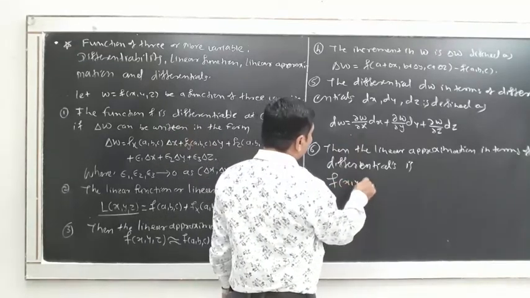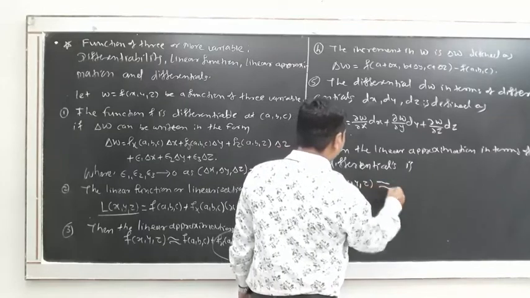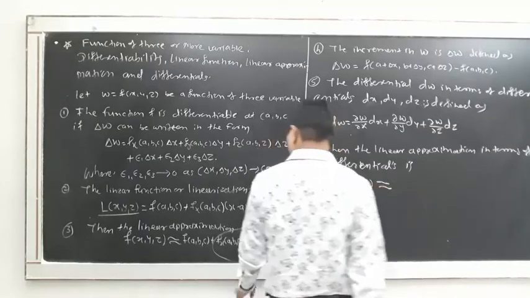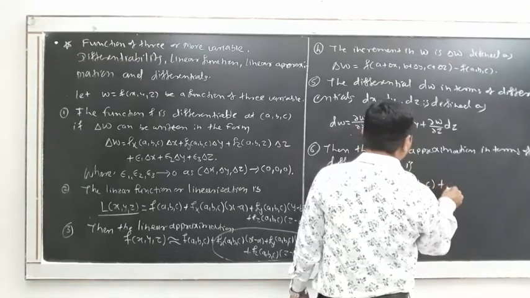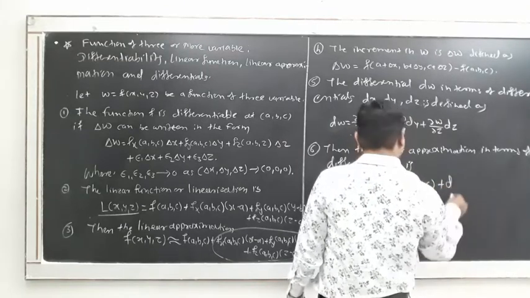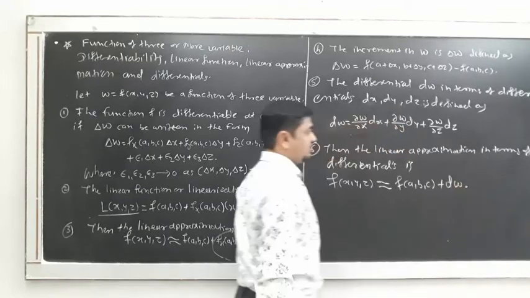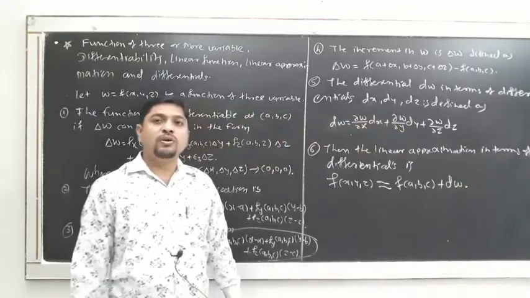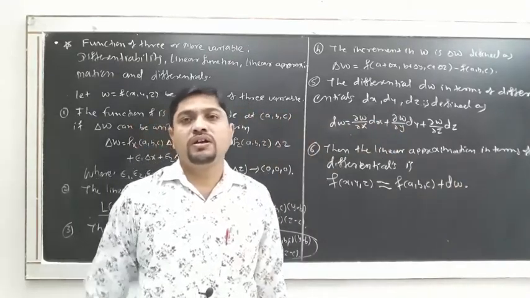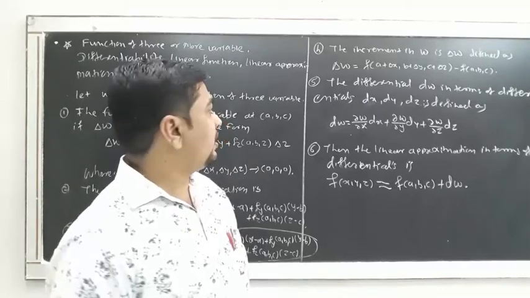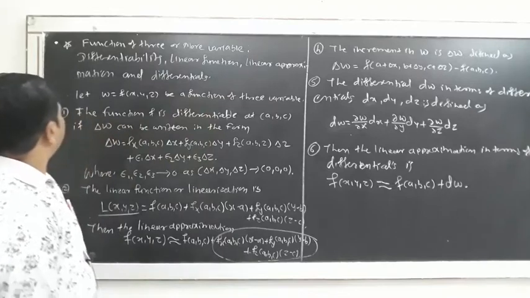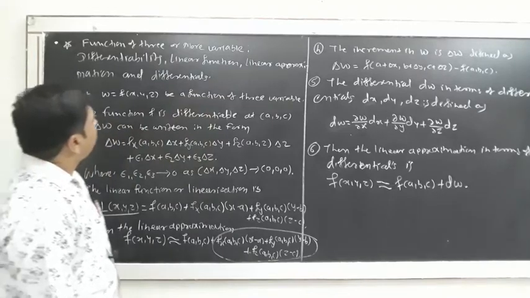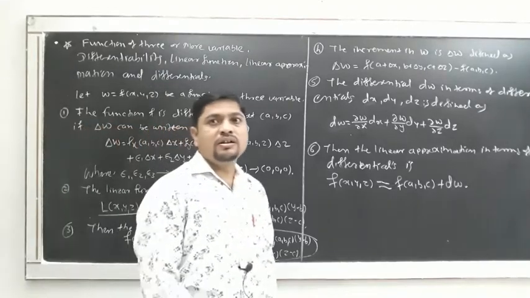You can write the linear approximation as f of (a, b, c) plus dw. Okay, so we have written all the definitions for functions of three or more variables.